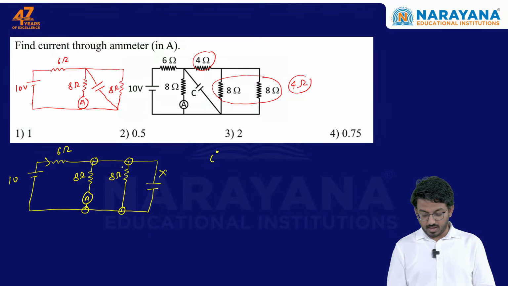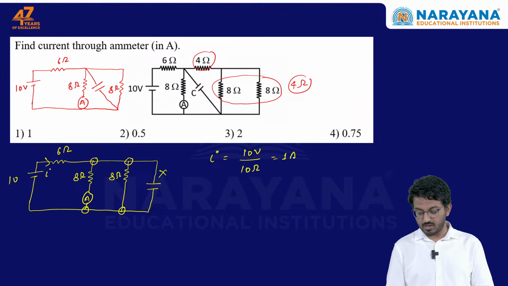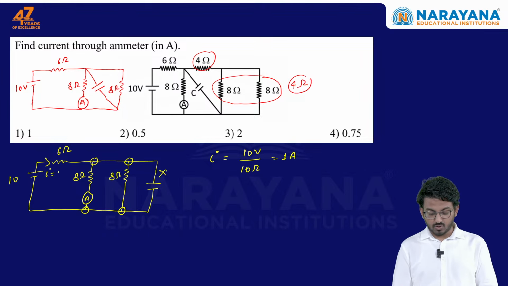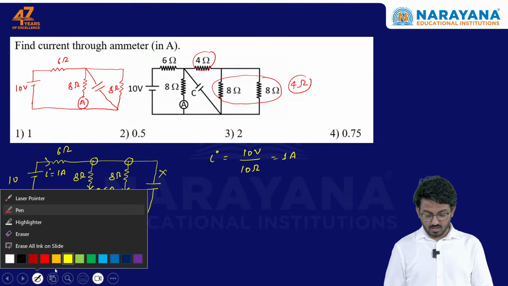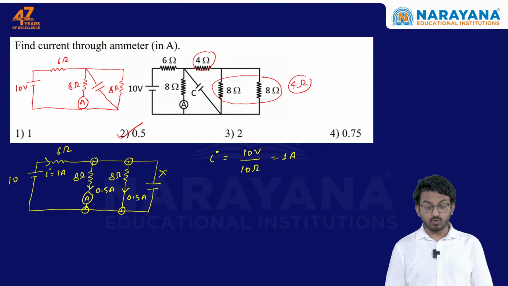So, current I here comes out to be 10 volt divided by equivalent resistance, which is 6 plus 4, 10 ohm, giving us 1 ampere here. So, current I is equal to 1 ampere, and because the two resistors are equal, the current will divide equally here. So, current here is going to be 0.5 ampere, and here also 0.5 ampere, giving the correct answer as option 2 here.